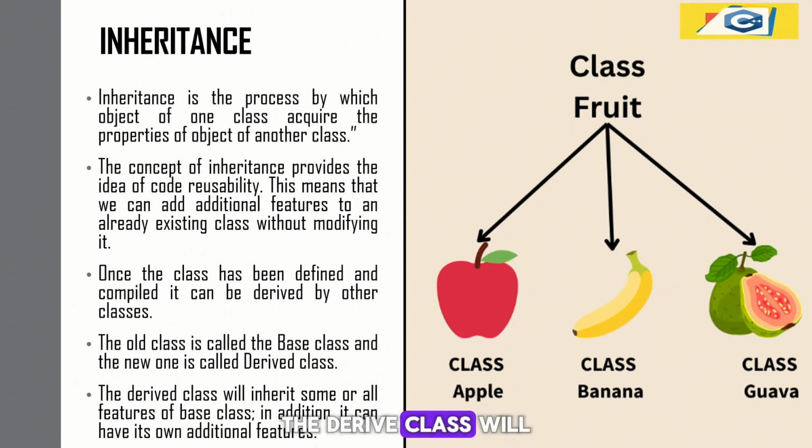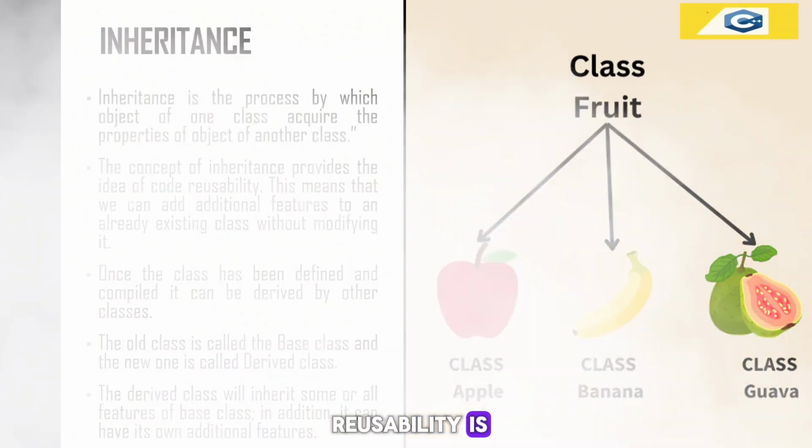The derived class will inherit some or all of the features of the base class. So it leads to code reusability. I'm using the code of the base class, which is already implemented, in the derived class. That is what code reusability is.